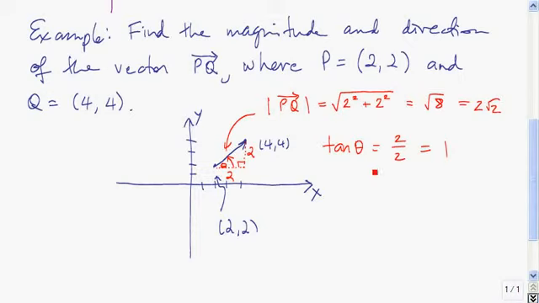So then the angle theta we find by looking at the inverse tangent of 1. And we all know that that's equal to pi over 4 radians. Okay, so the magnitude of this vector is 2 root 2, and the angle is pi over 4.